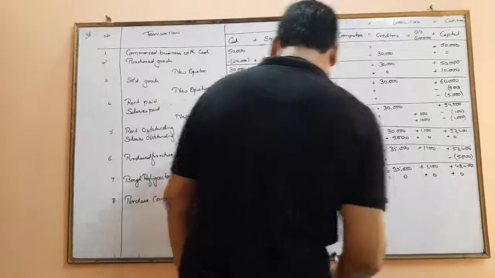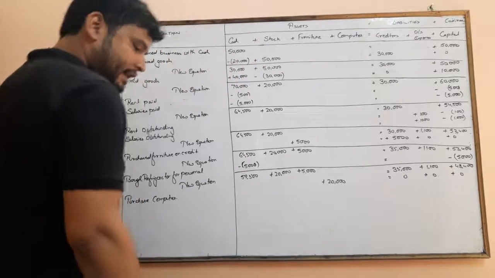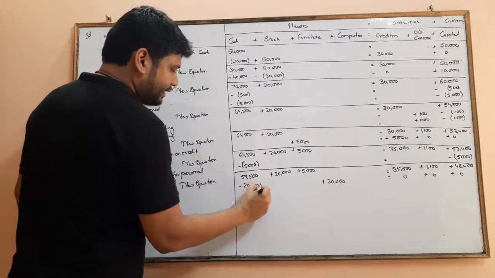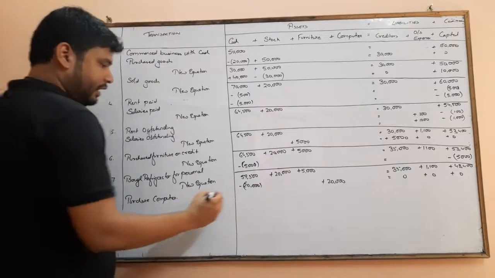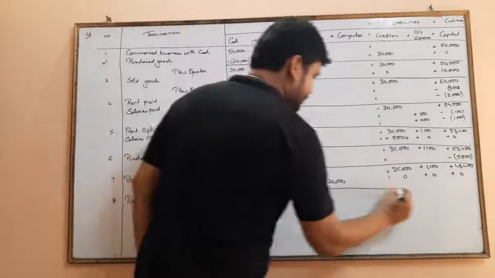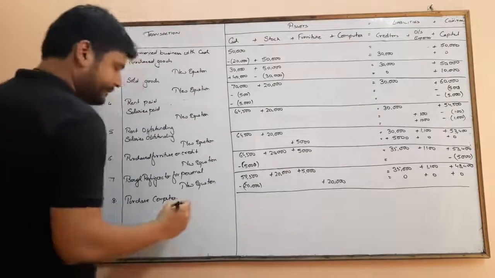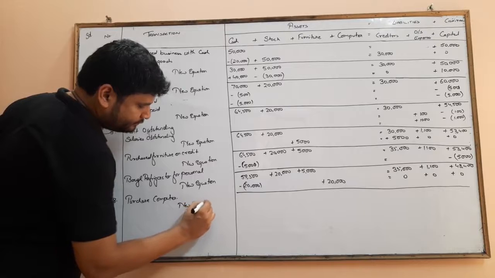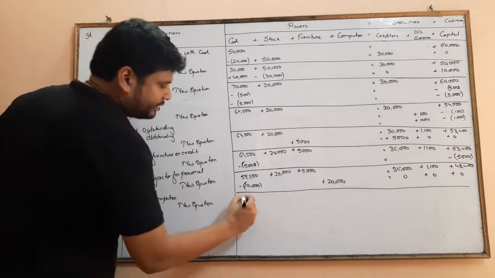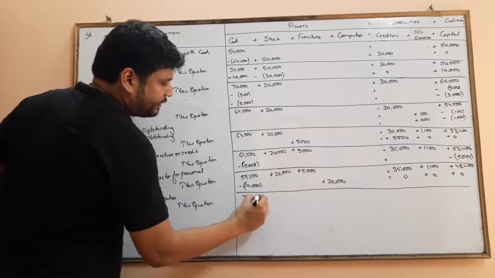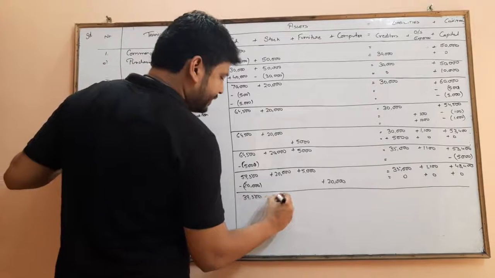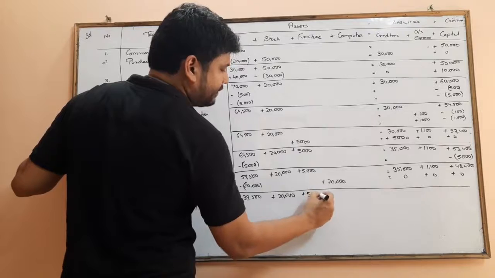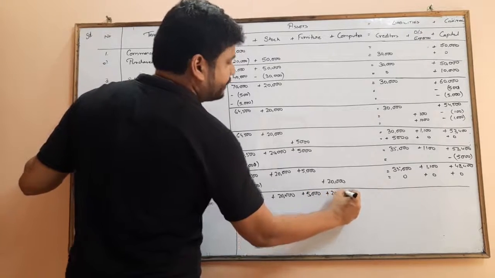I am making the payment in the form of cash. So minus 20,000 from the cash. So after this transaction, the new equation will be 39,500 cash, 20,000 stock, furniture 5,000 and 20,000 computers.